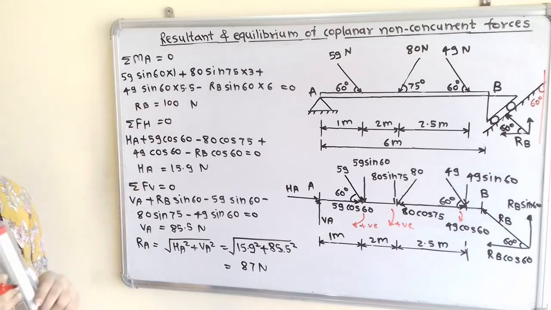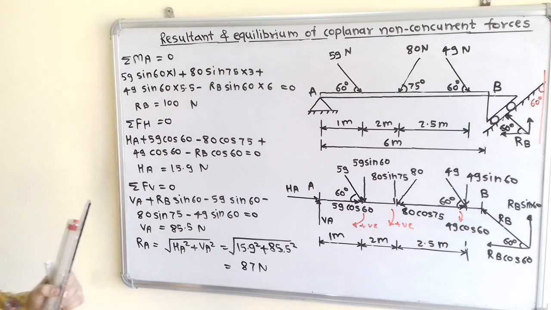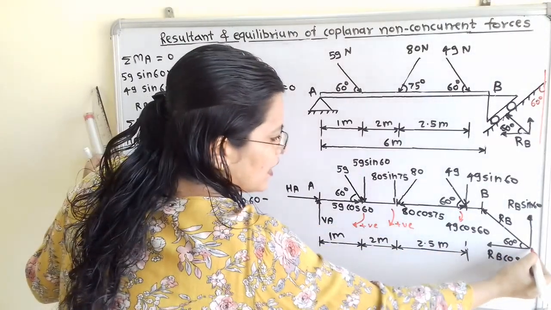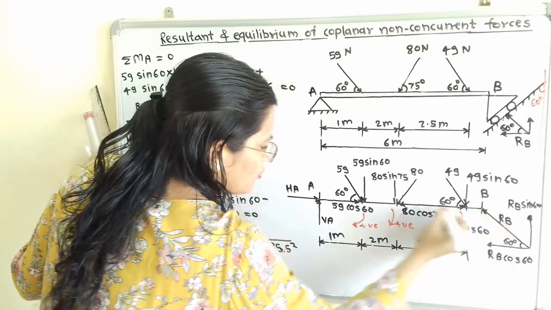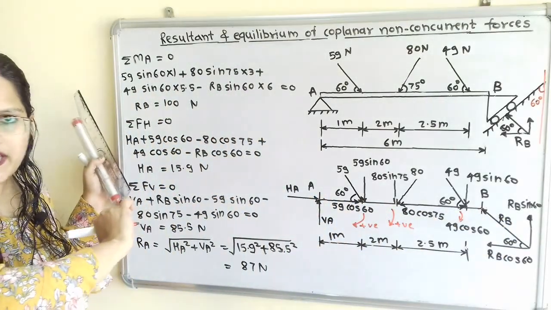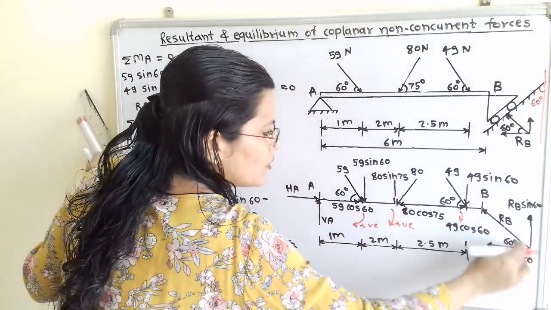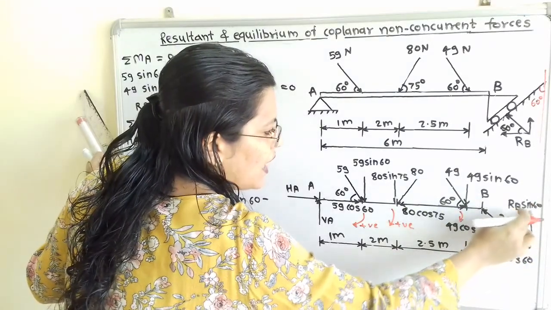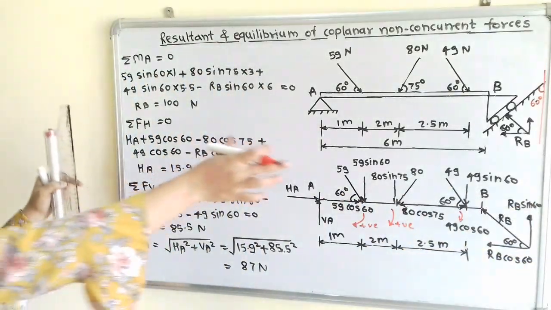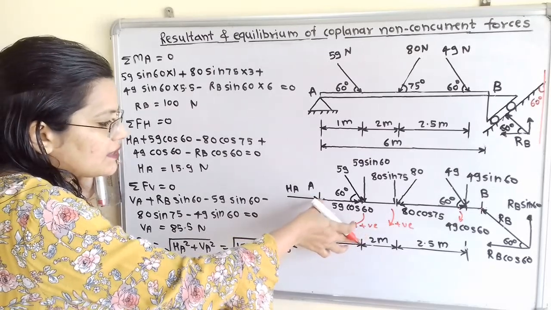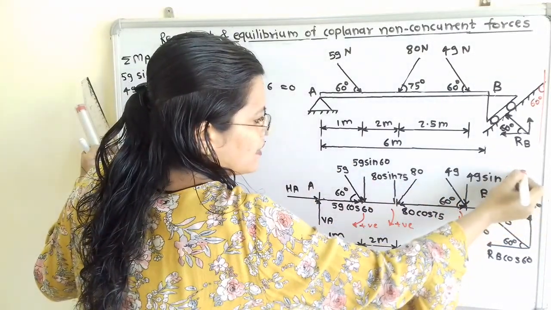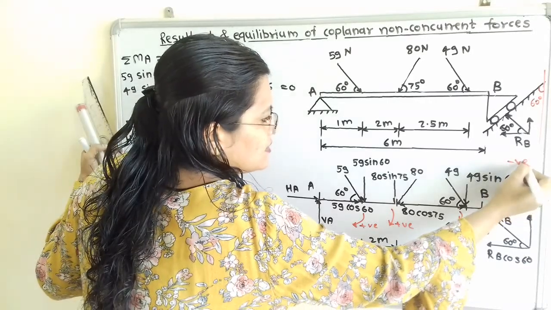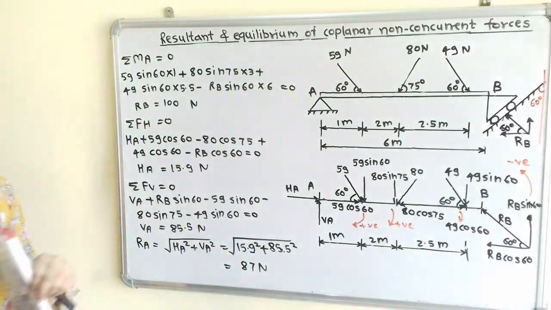Now we will move to the next, RB. If we observe this horizontal component, because point B is here, it is also passing through point A. So here we are not going to consider this, we are going to consider RB sin 60. Now if I move the compass about point A in the direction of RB, this direction is anti-clockwise, so we have to use negative sign.